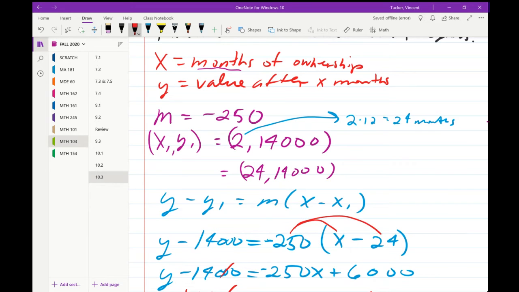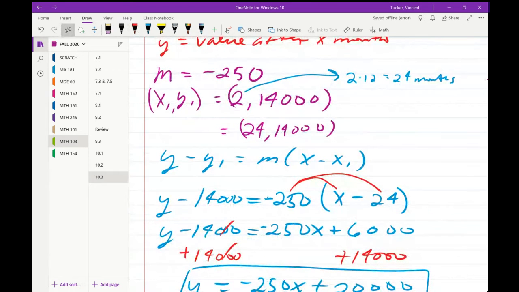Distribute, and you have y minus 14,000, negative 250x, and then negative 250 times 24 will be positive 6,000.